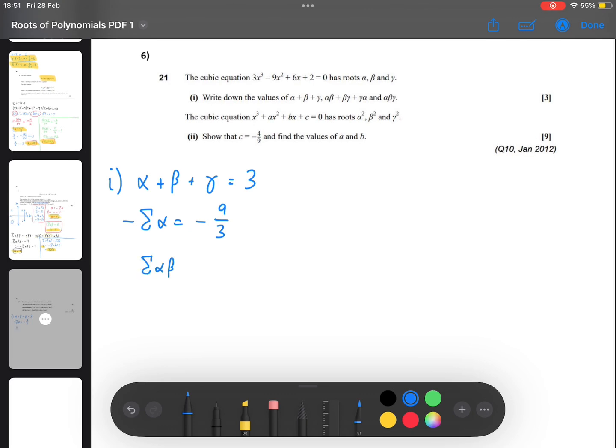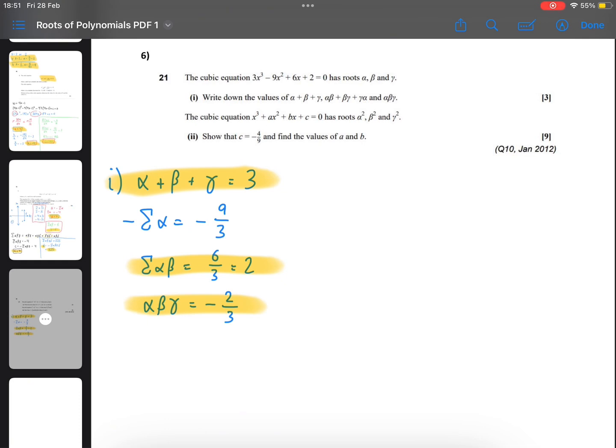The sum of the alpha betas, so the sum of the product pairs, is going to be 6 over 3, which is 2. And the product of roots, alpha, beta, gamma, is going to be minus 2 over 3. So that's the answer to the first part of the question.